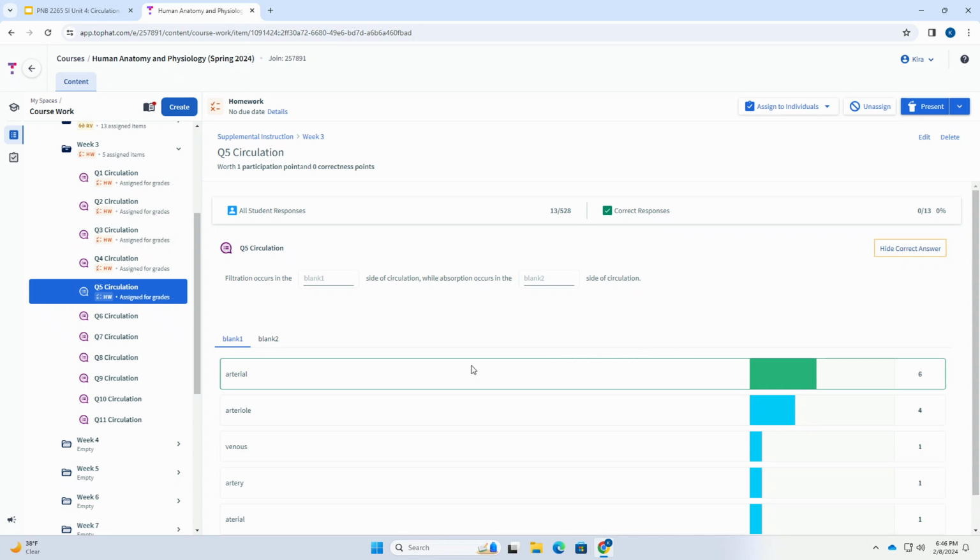Yeah, so any form of artery for filtration is correct. So if you remember, filtration is driven by that hydrostatic pressure of blood coming from the arteries into the capillaries. So things are being pushed out of the blood, whereas absorption is more on the venous side, where water is driven back into the blood by osmotic pressure.